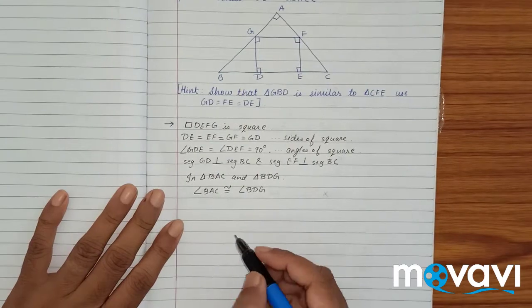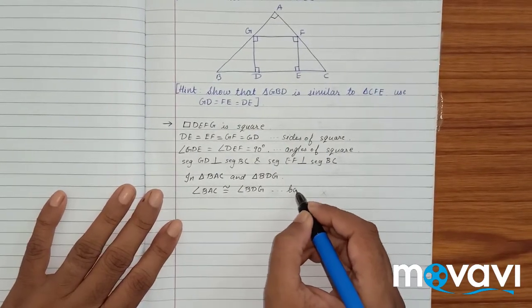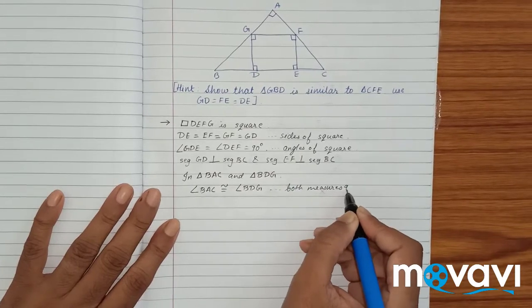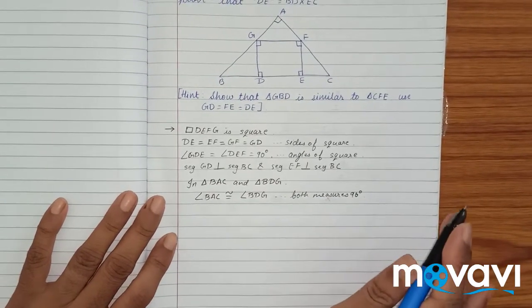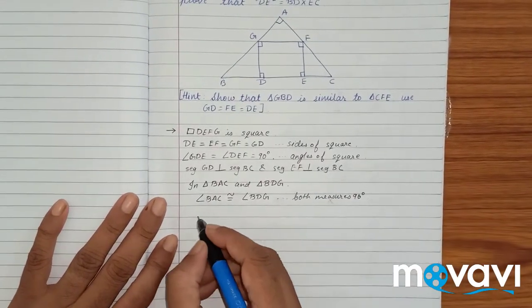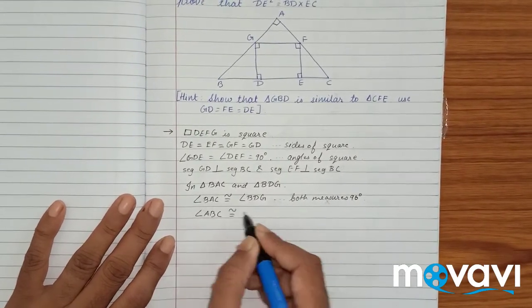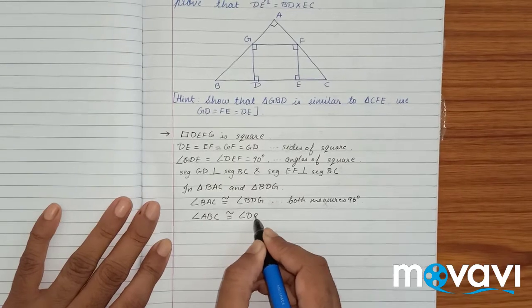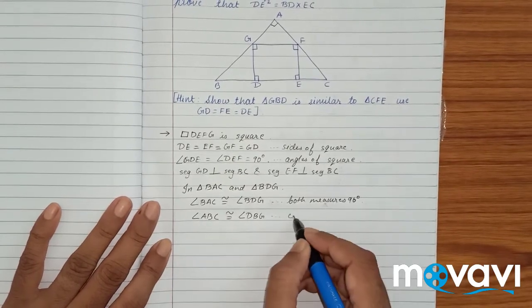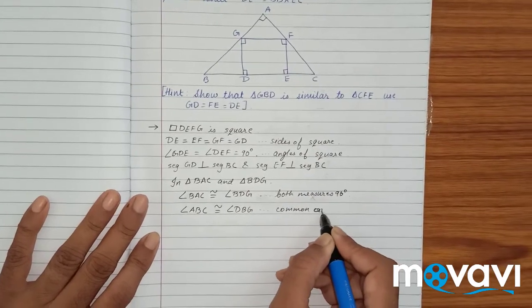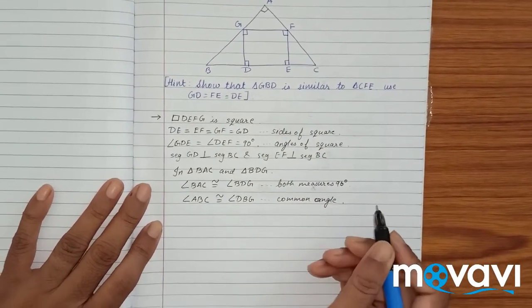Why? Because both measure 90 degrees. And angle ABC is congruent to angle DBG. Why? Because this is a common angle.